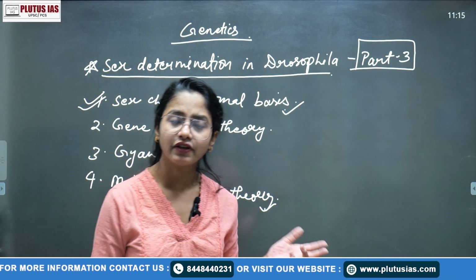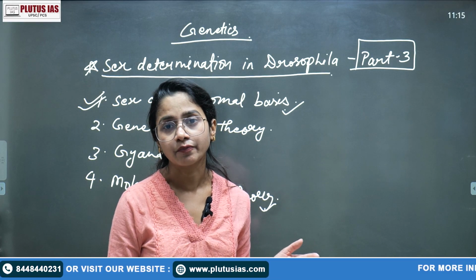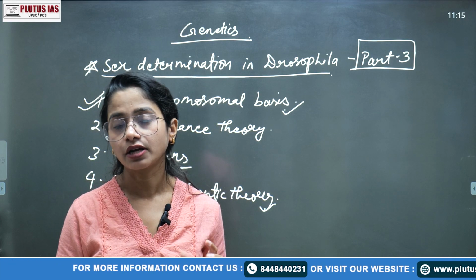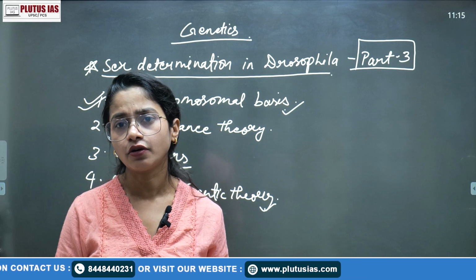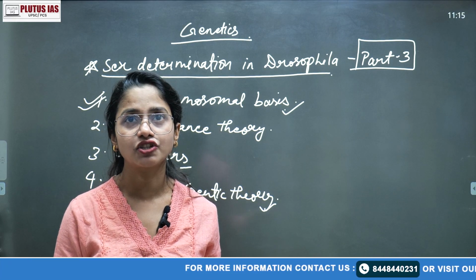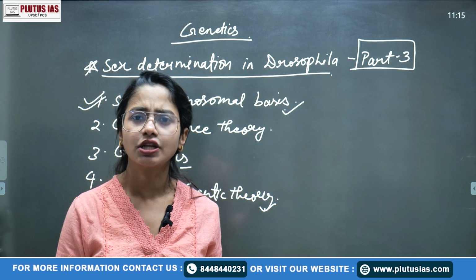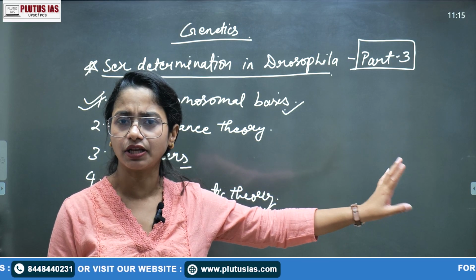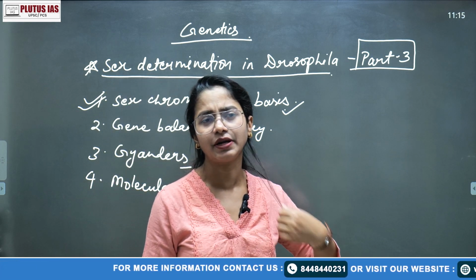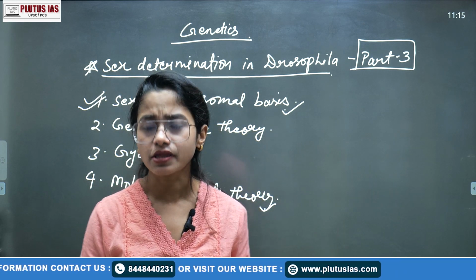Even in humans, the Y chromosome is generally shorter than the X chromosome, which means a different kind of DNA is also there. That DNA contains many genes like the SRY gene, SOX gene, WNT gene, and so many things. That's a separate thing. Maybe if I want, I'll discuss sex determination in humans separately.